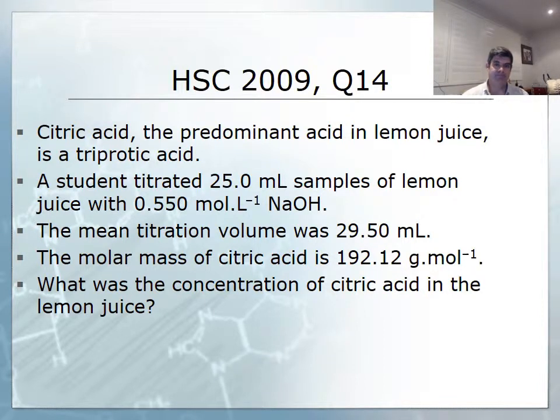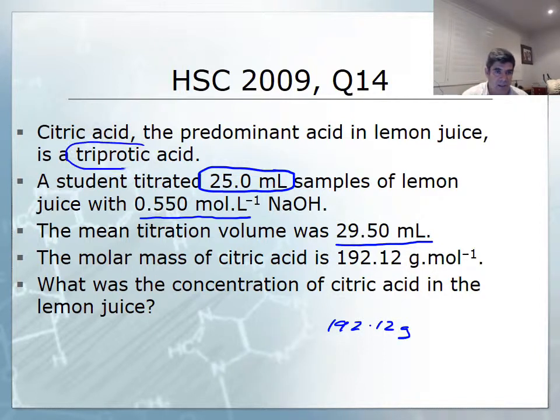So how'd you do? I've taken all of these numbers. The critical ones are the aliquot, how much of the lemon juice we have, our concentration of sodium hydroxide, and our average titer. We've also got this value for citric acid of 192.12 grams, and we also want to remember that citric acid is triprotic.